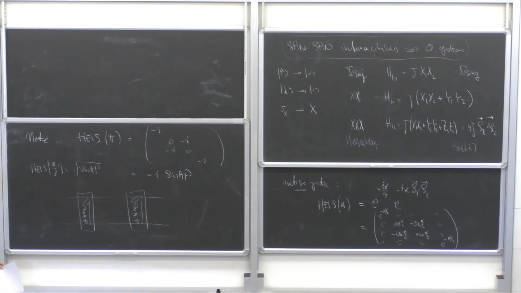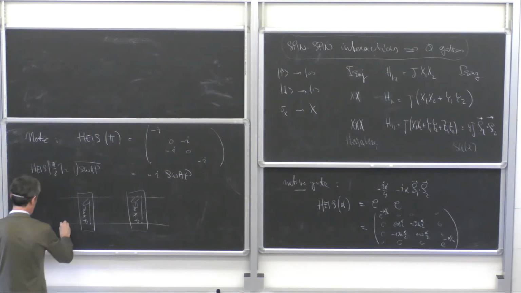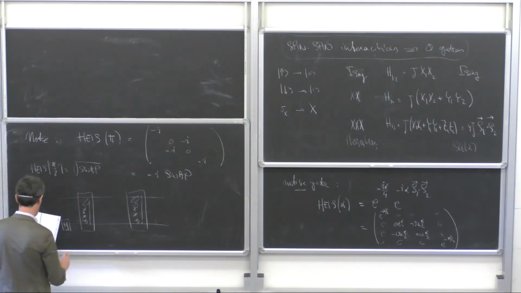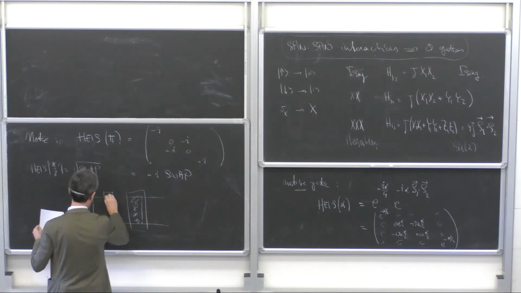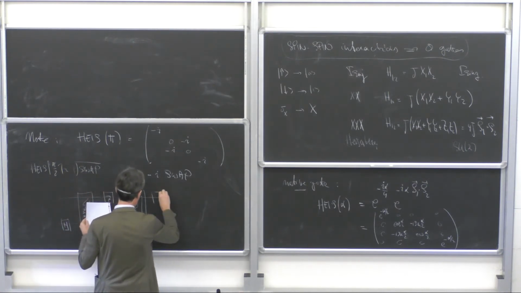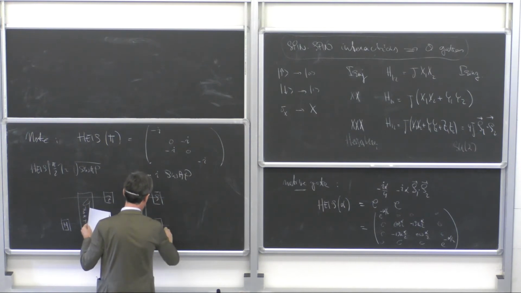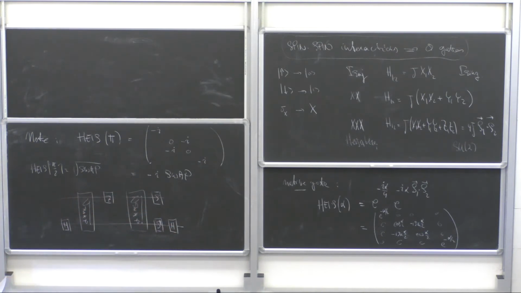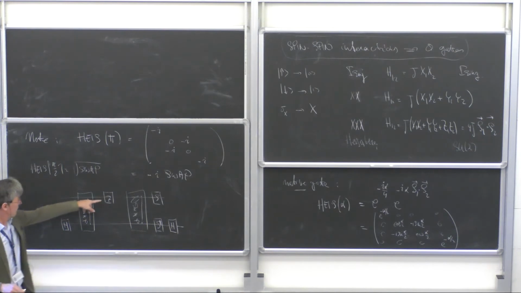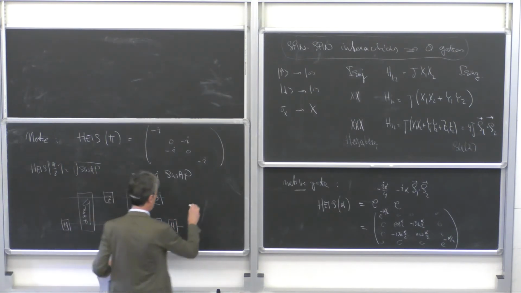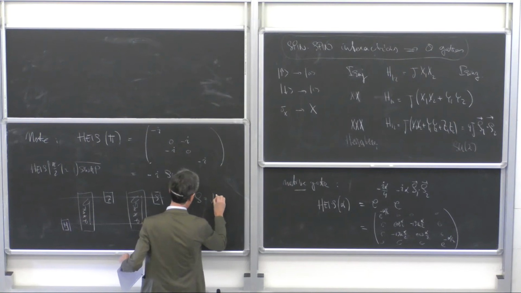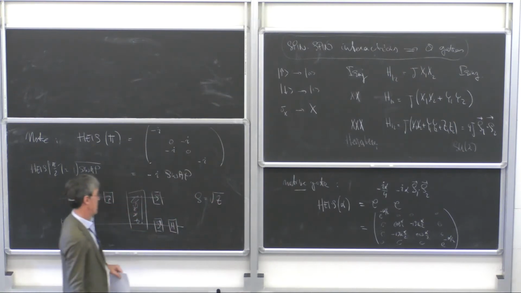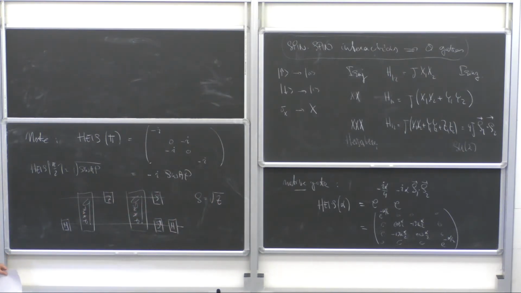And then I put in just the right combination of 1-qubit gates: put a Z here, you put an S here, you put an S dagger, and here you put an H. So we've encountered all these 1-qubit gates. H is this Hadamard, Z is the Pauli Z, S is actually the square root of the Z, so it's a different gate. S dagger is the conjugate thereof, and then there's another Hadamard here.